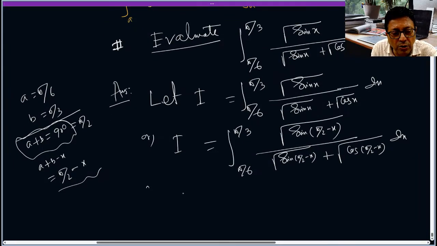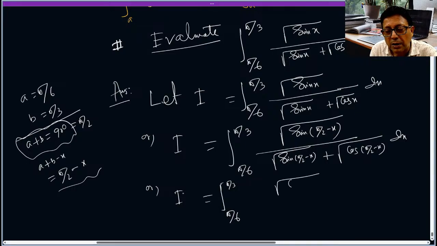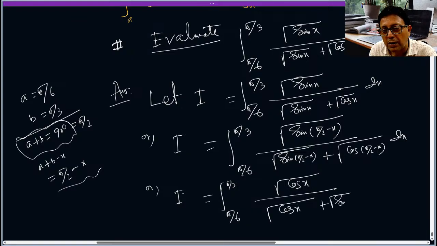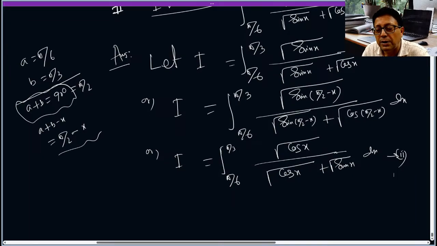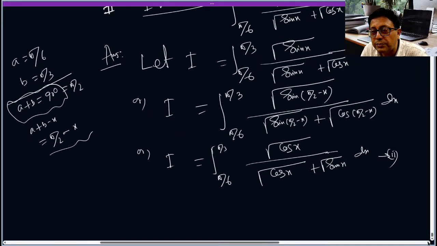Done this one. Or I equal to, again we need to add this number 1 and this number 2, then you can get the answer easily. Just add these two, adding 1 and 2.